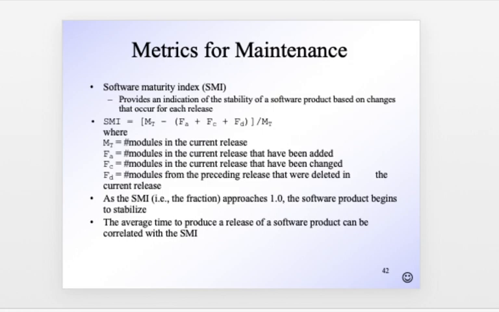As the SMI, the Software Maturity Index, approaches 1, we can conclude that the software product begins to stabilize. So the average time to produce a release for a software product can be correlated with this SMI, and that is how the SMI, the Software Maturity Index, is a suitable metric for maintenance. So these are the software product metrics, and this is what you have learned in this lecture.